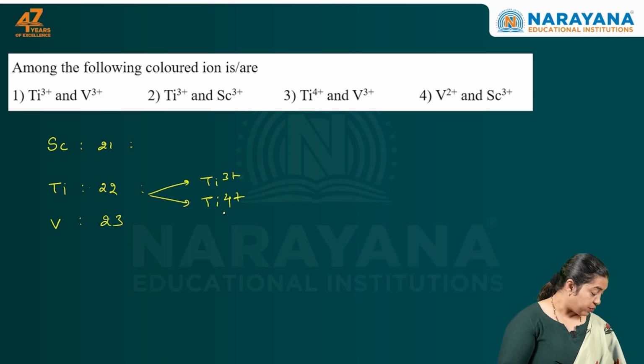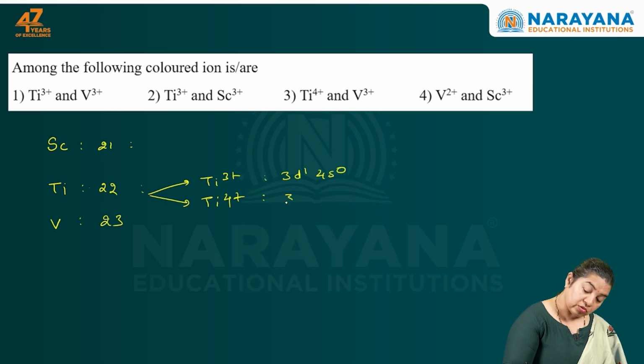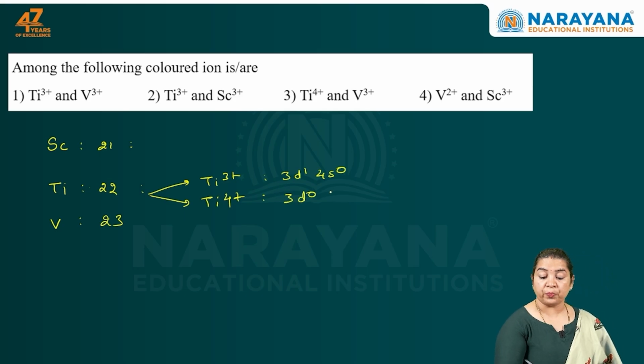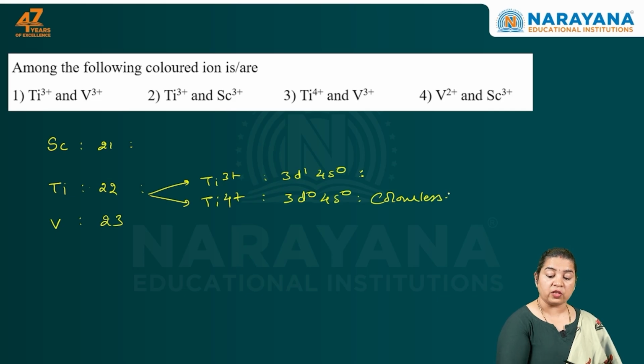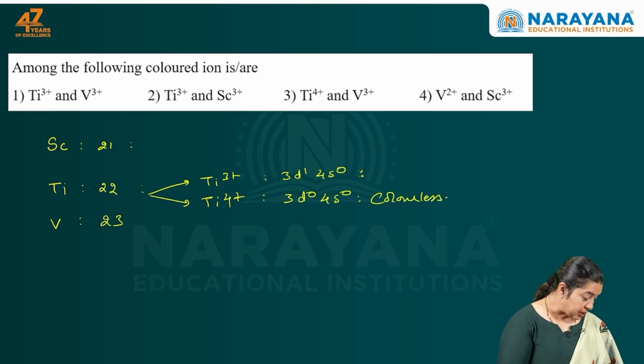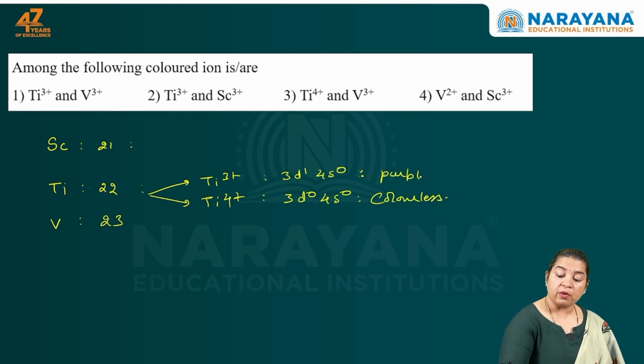Titanium 3 plus is 3d1, 4s0 and titanium 4 plus is 3d0, 4s0. Let me conclude first: with no unpaired electron, titanium 4 plus is going to be colorless, whereas titanium 3 plus is found to be purple in color.